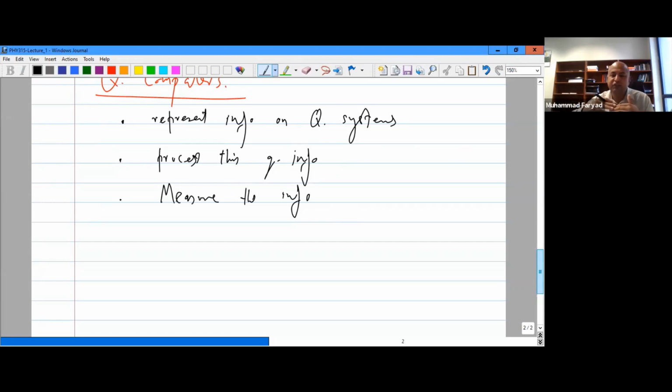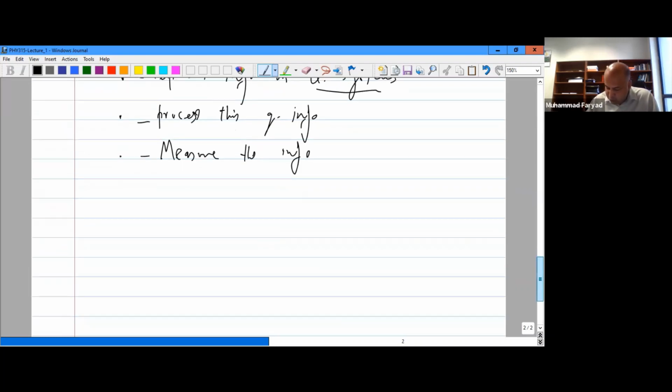That information is processed, and then at the end we should be able to read off this information from those quantum systems. So this is a quantum computer in a nutshell. And so when we try to understand quantum computers, in addition to understanding these steps of representation, processing, and measurement, we also need to be able to understand the quantum system.